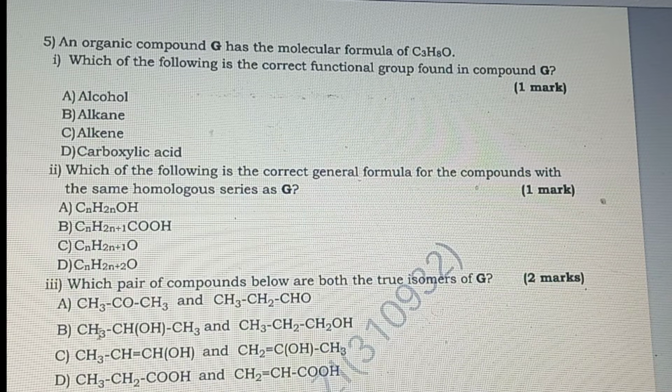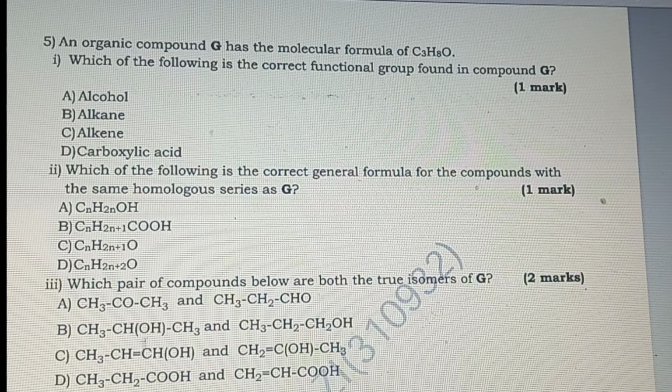Let's start here. Starting with A, carbon here 1, 2, 3. But the functional group of this structural formula is ketone. This one has 3 carbon, but the functional group of this one is aldehyde, which means this is not correct. Let's see B. Carbon 1, 2, 3. That is correct.